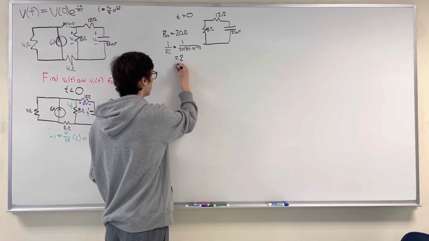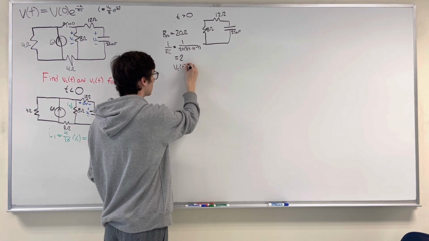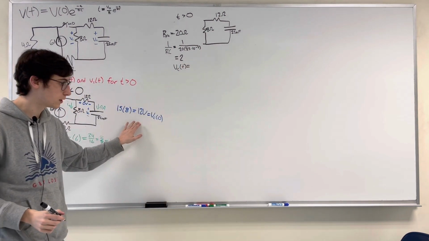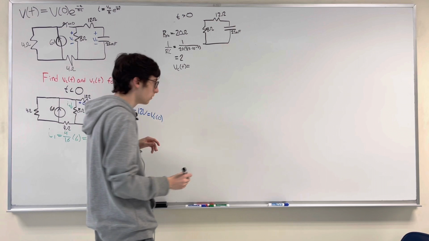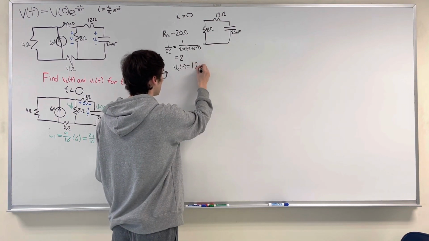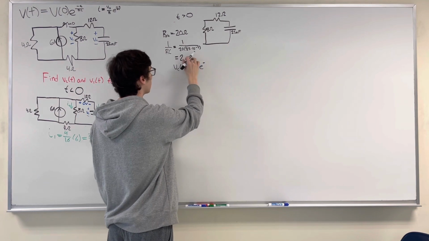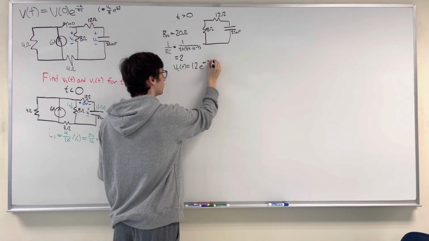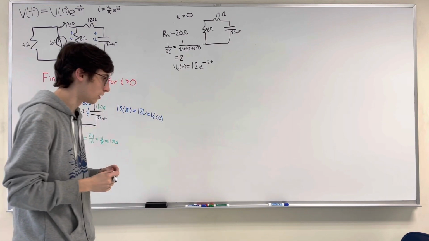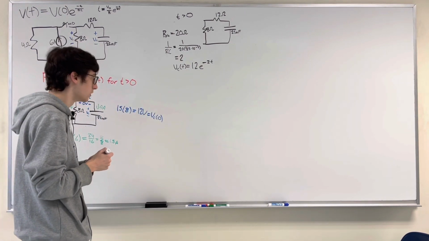The voltage of the capacitor is going to be equal to our V naught, which we already decided was 12, times e to the negative 2t, where 2 is our 1 over RC. All right, and now we're almost done. We just need to do one more thing.